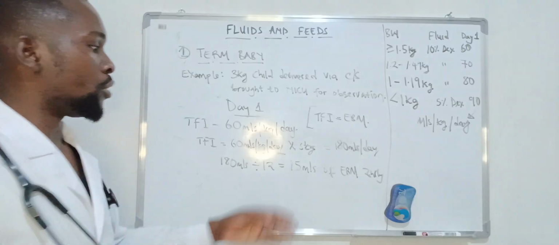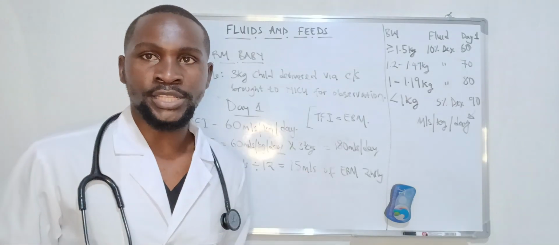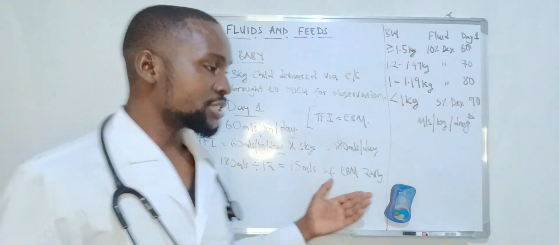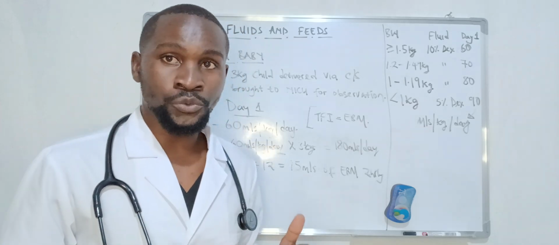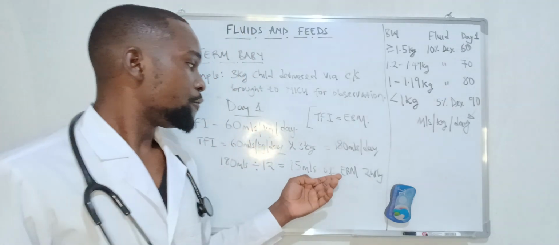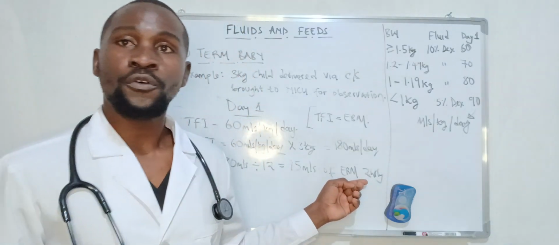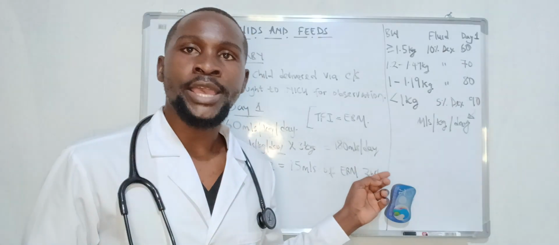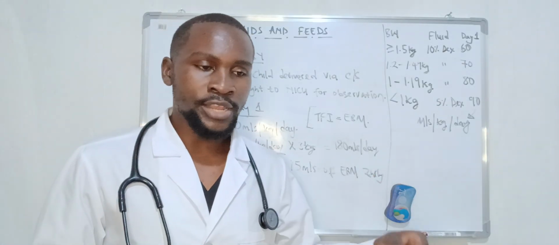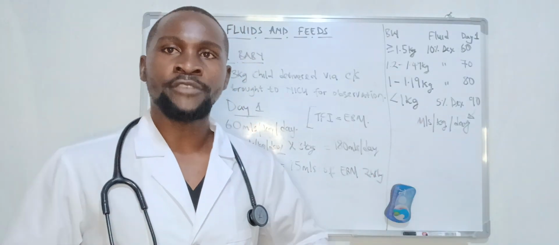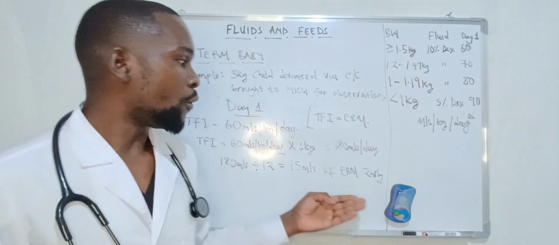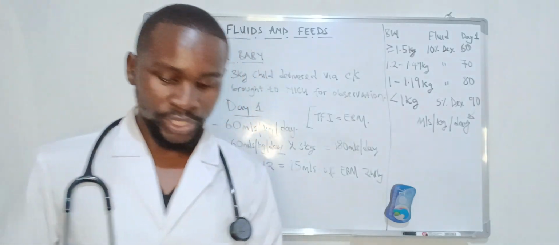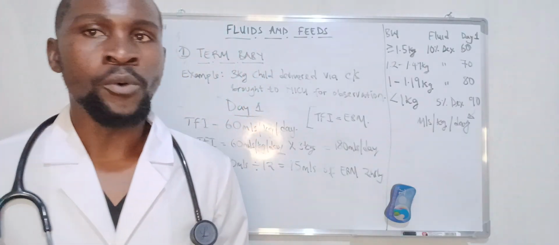So on the first day that the child is there, the instruction that you're going to give is 15 meals of feeds given every after 2 hours. So each and every 2 hours, you give 15 meals of feeds. That is how you feed the child on day 1.